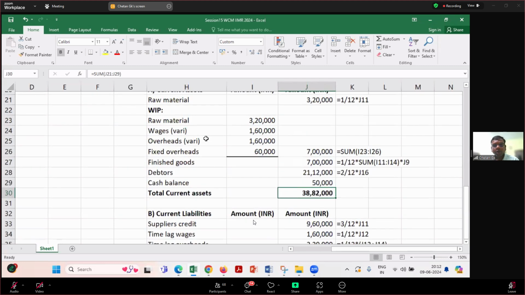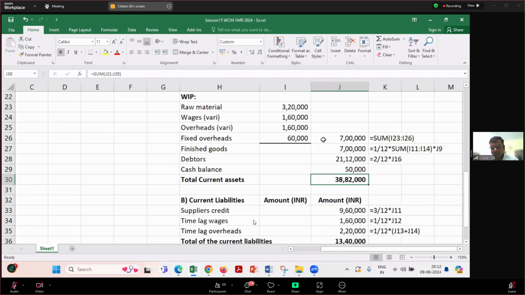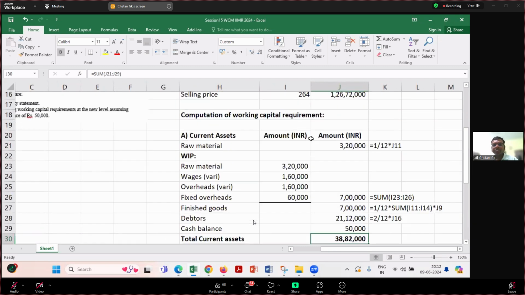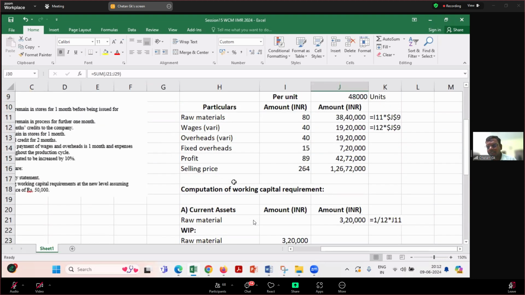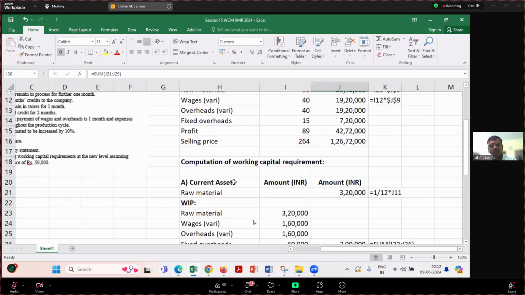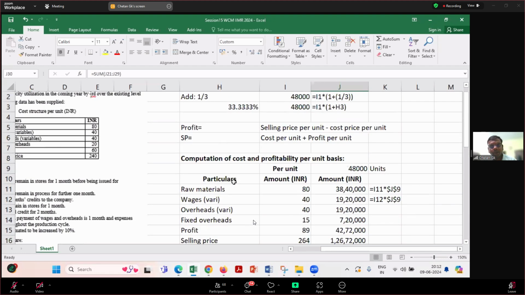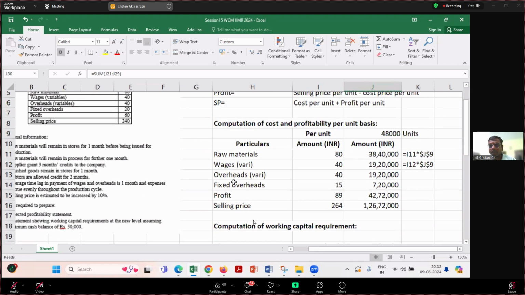You got an idea about what are current assets and current liabilities and how a finance manager typically does it. In a practical scenario, you'll be running with so many items. We have only a few items in this problem. In real life, you'll have n number of items and problems in doing it.